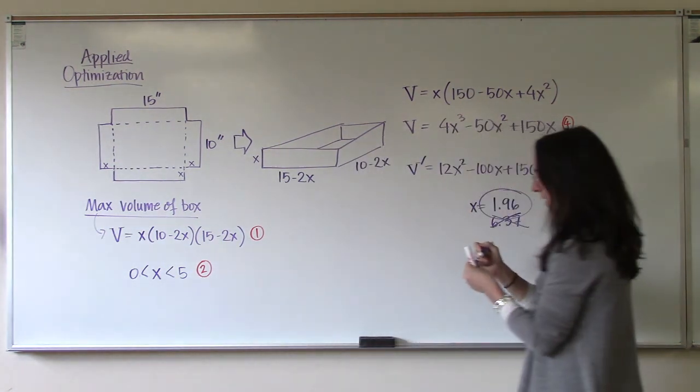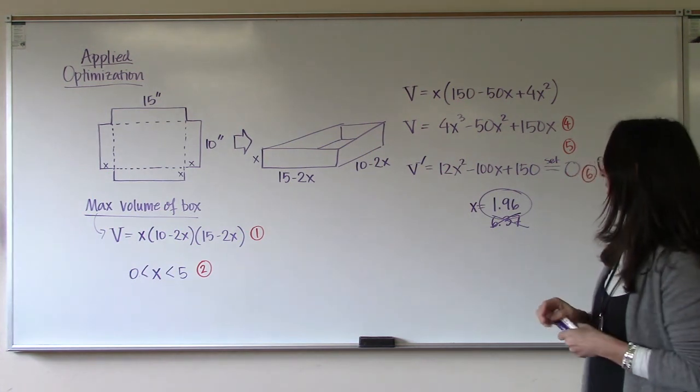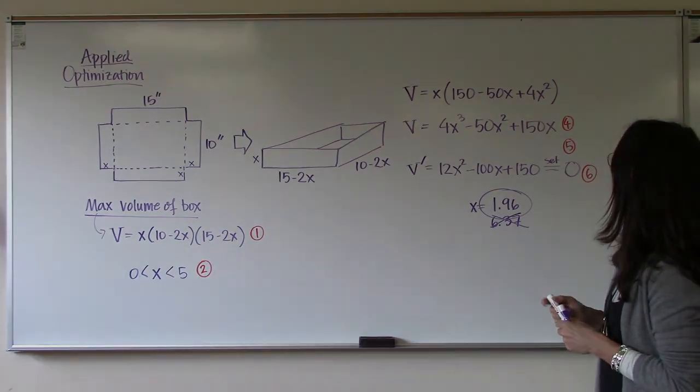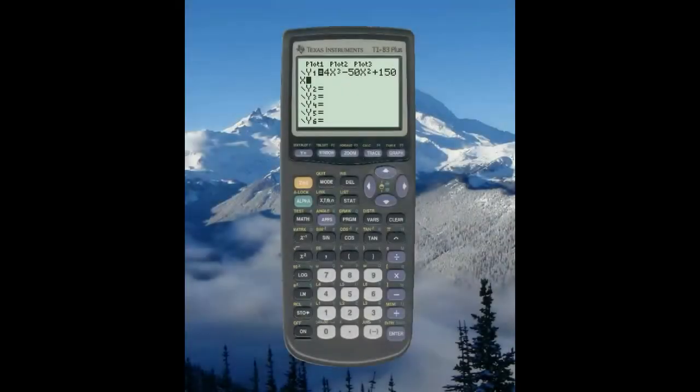We'll keep this one. We need to make sure that this actually corresponds to a maximum. So let's grab the calculator again. So we're graphing the function that gives us the volume, and we want to check to make sure the point where x is equal to 1.96 really does correspond to a maximum. So here is the window that I've set up, and the graph looks like this. And at the point where x is equal to 1.96, you can see it blinking up here.